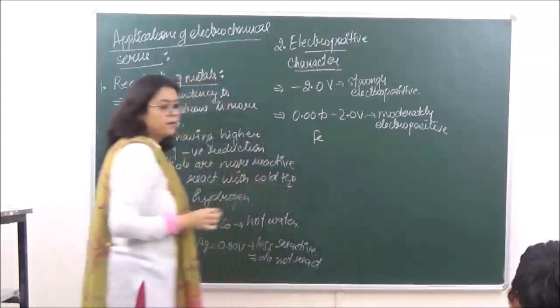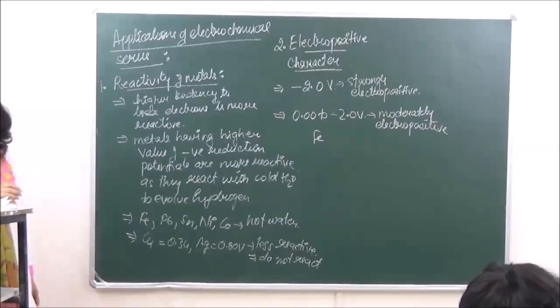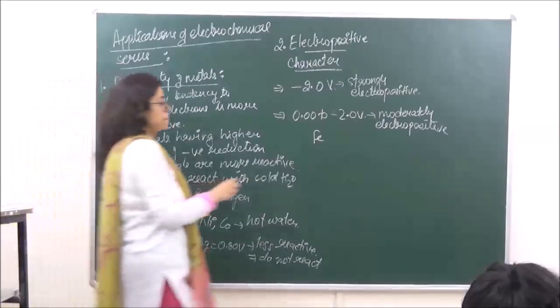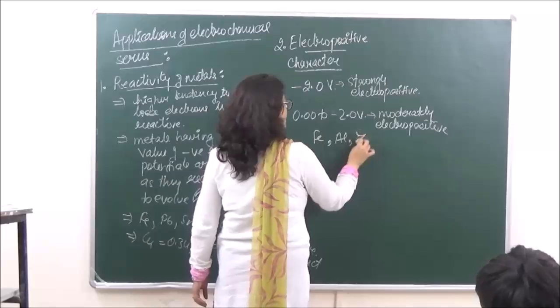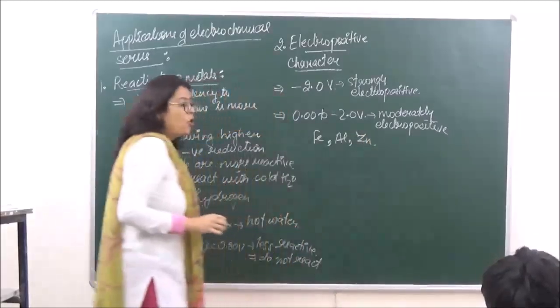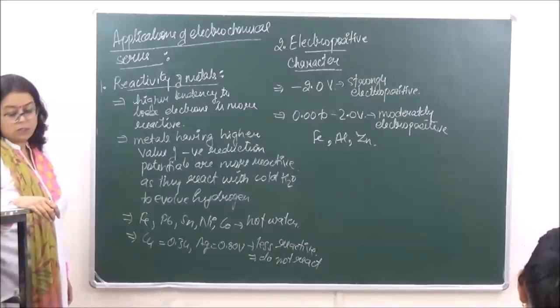We have iron, which has a value of 0.44. Then we have aluminium, zinc, right? All these are moderately electropositive.